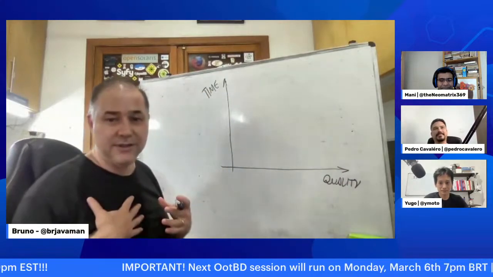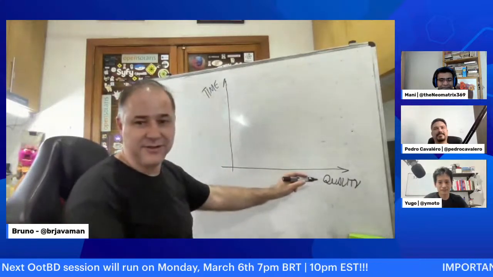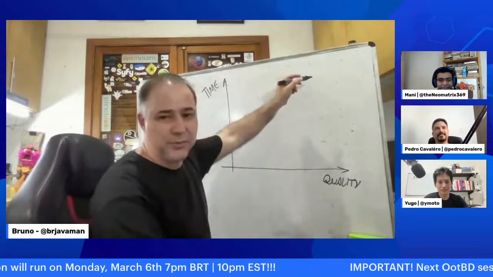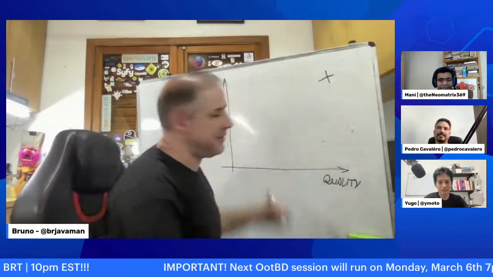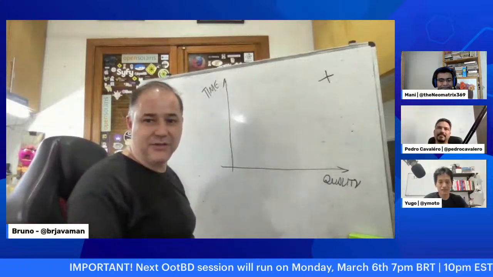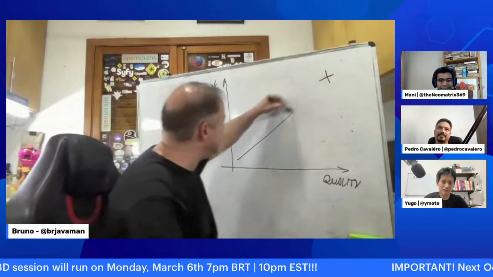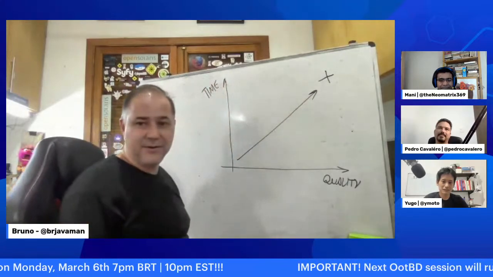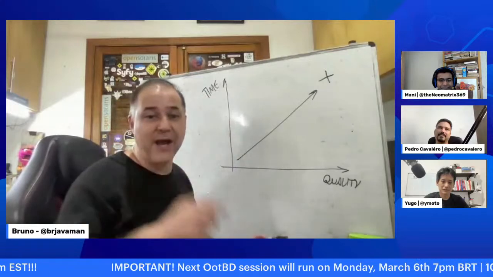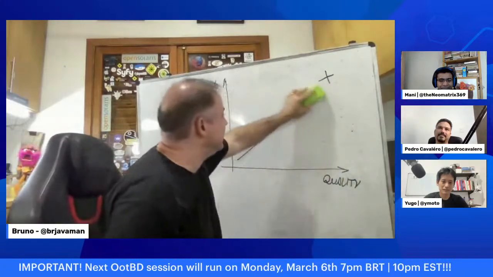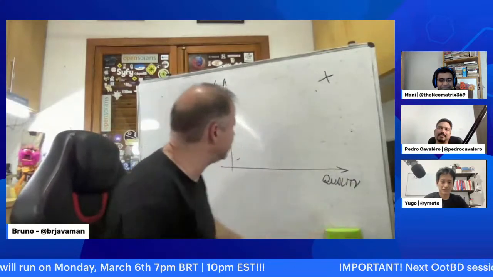We know that the more quality the software has, the more time we take to deliver it. So we think that the way the graph goes is like this: the more quality, the more time. But that's not how the graph goes. The real graph goes like this.